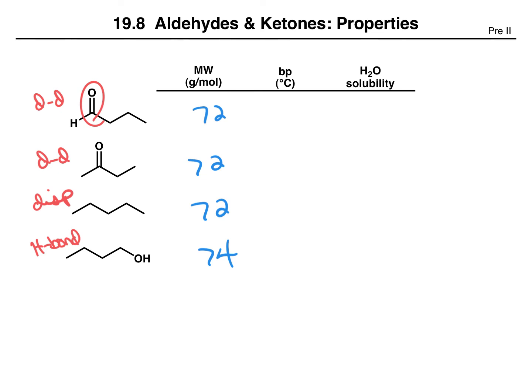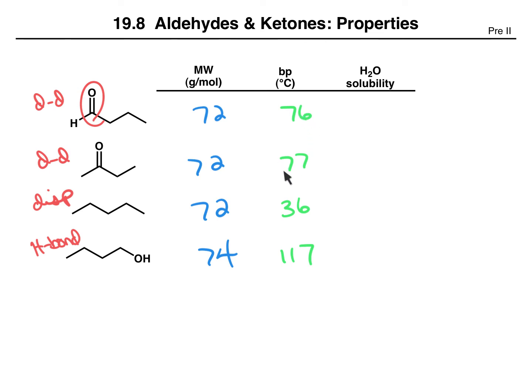The experimentally determined boiling point, we're looking at 76 compared to 77 compared to 36 and 117. And so this shouldn't be surprising because we know that dispersion forces are the weakest, so it takes the least amount of energy to break them, which is why this has the lowest boiling point.